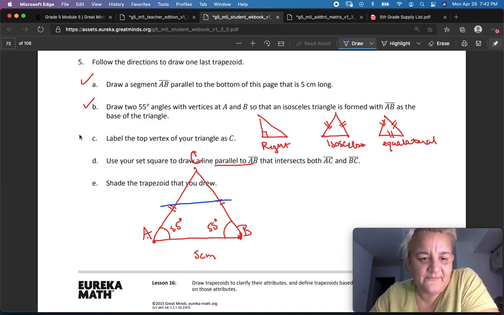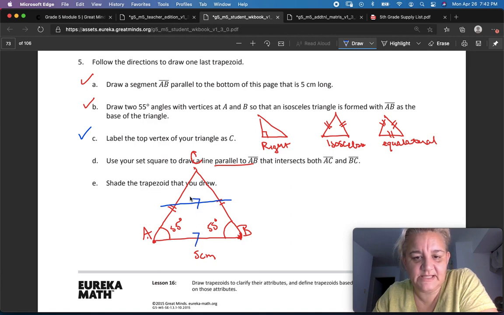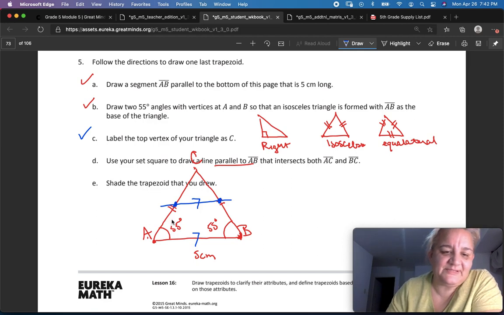So label the top vertex of your triangle as C. Use your set square to draw a line parallel to AB. So this and this are parallel. Do you see that? Okay, and now inside here we have a trapezoid and it says shade it. So I'm just going to shade it like that.